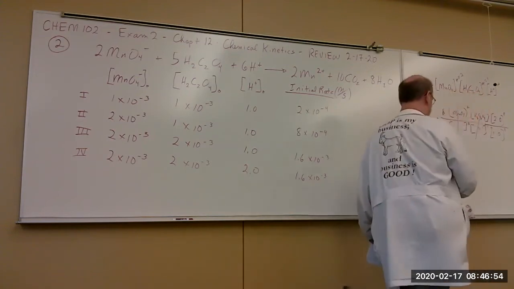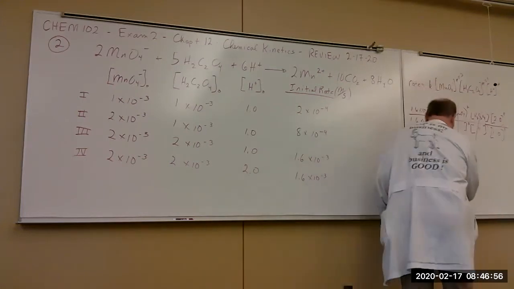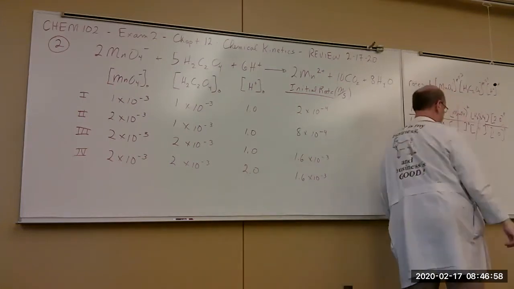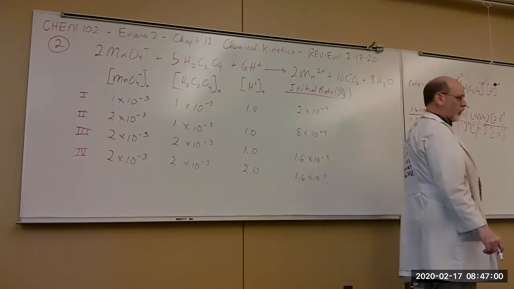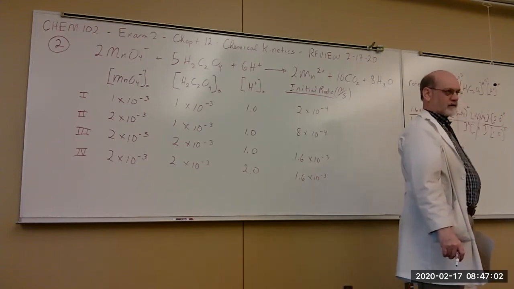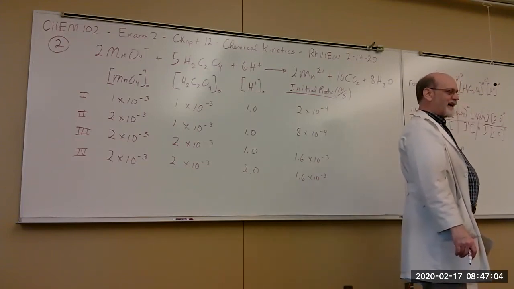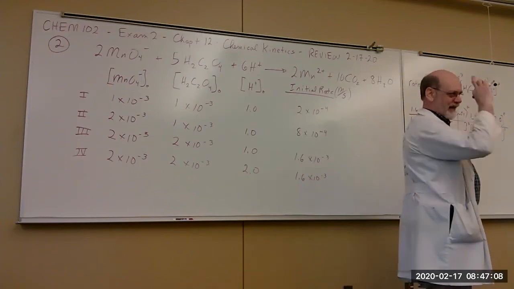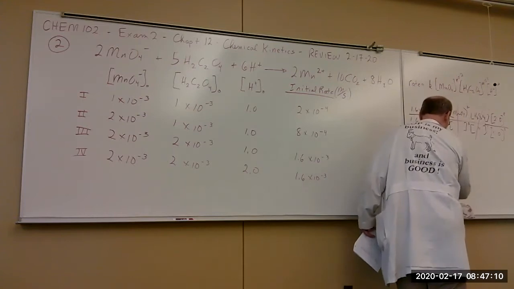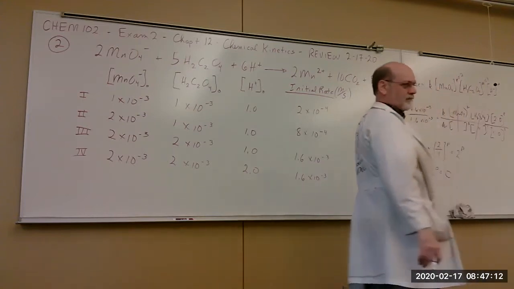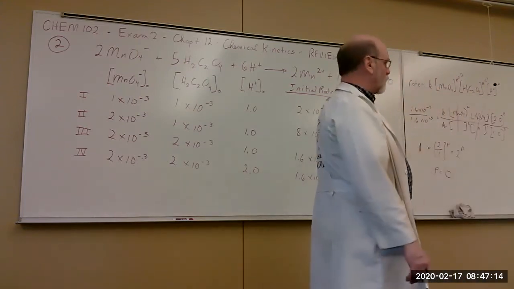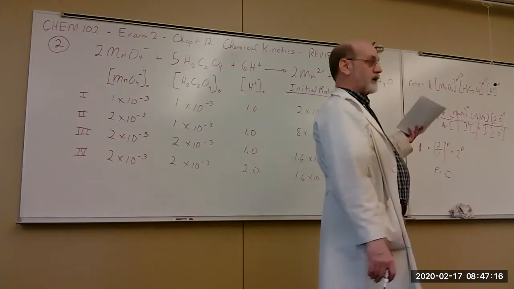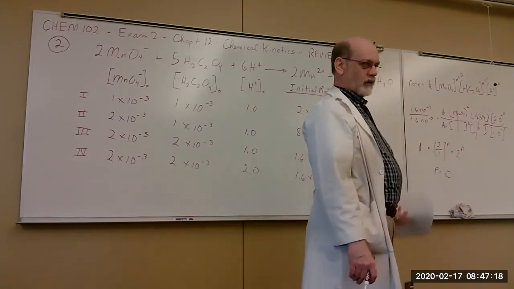So p is equal to what? 2? 2 squared is 4. Any number to what power is 1? 0 power is 1. So p is 0. So the acid component, the protons, is a zero order factor.